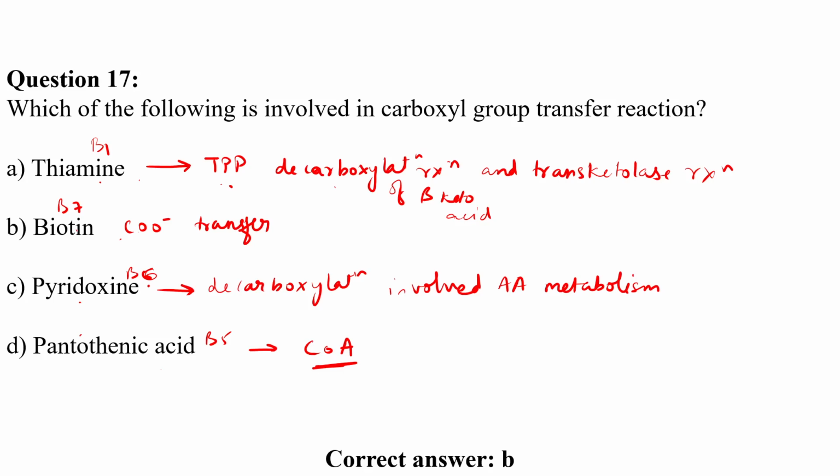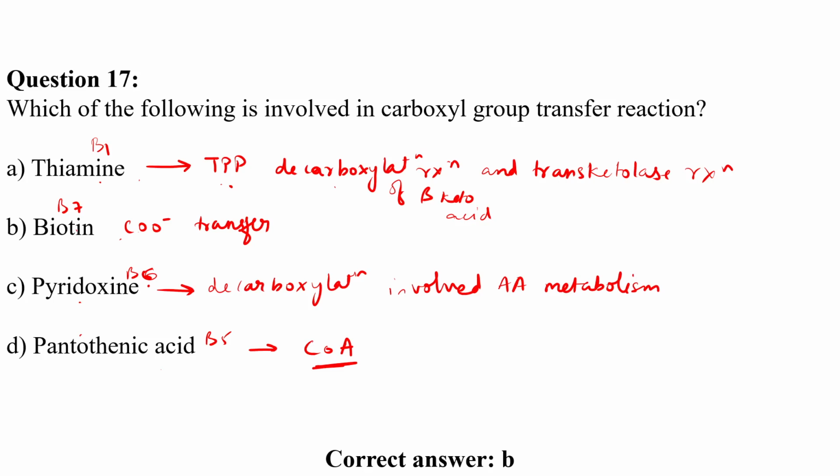All the B vitamins are converted into cofactors before performing a particular reaction. Only vitamin C is not converted into any cofactor, and among the lipid soluble vitamins, A, D and E are not converted into cofactors. The rest of the vitamins are converted into cofactors or active forms before they are involved in any kind of reactions.